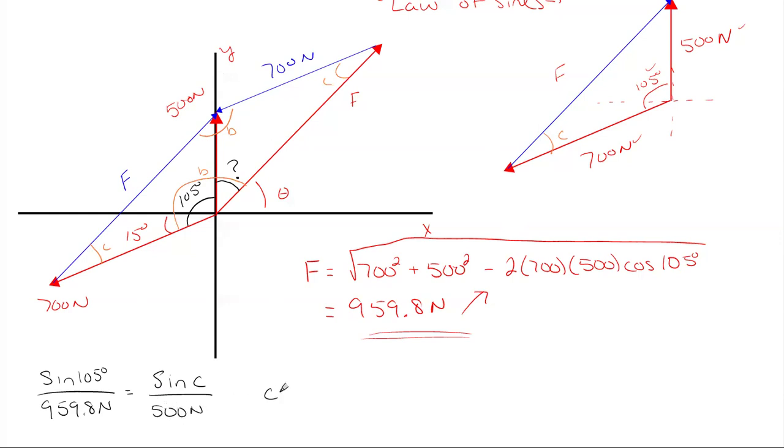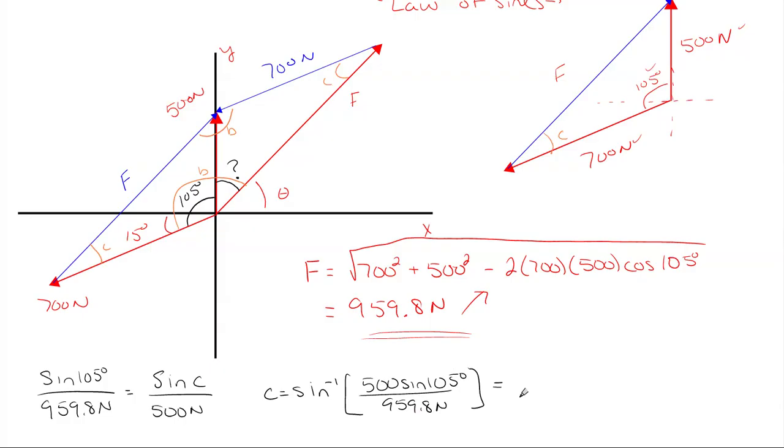So rearranging and solving for C, simple algebra here, we'd have the sine inverse of 500 sine of 105 degrees divided by my 959.8 newtons after I cross multiply everything.